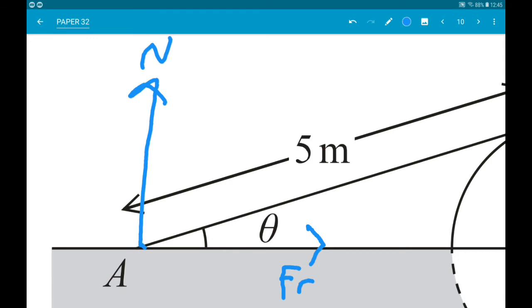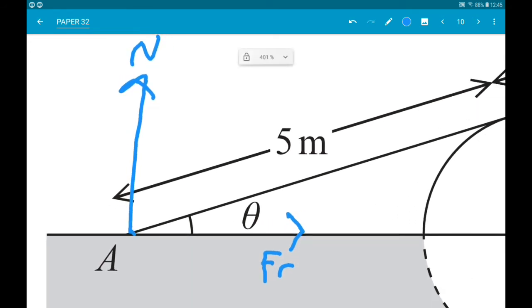What we are trying to find is the force acting up and to the right, so let's call that X. To do that, we're going to need to find N and friction.